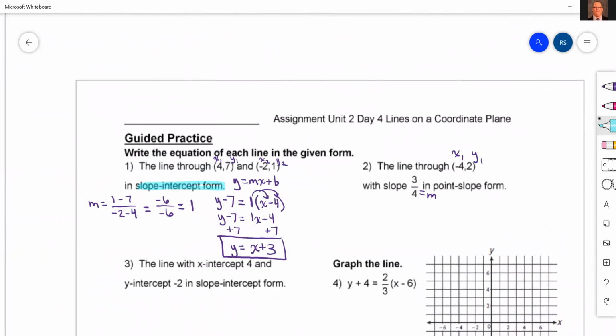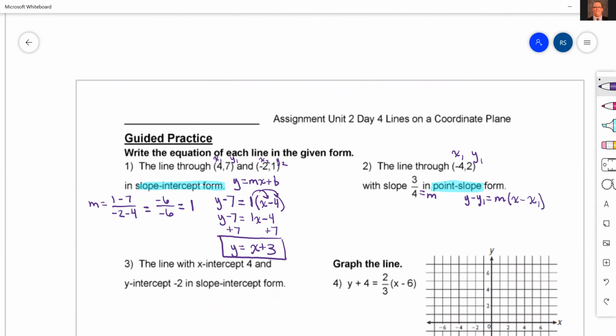Okay. Point slope form is what we need to be in. So remember, that's the one that's y minus y1 equals our slope times x minus x1.